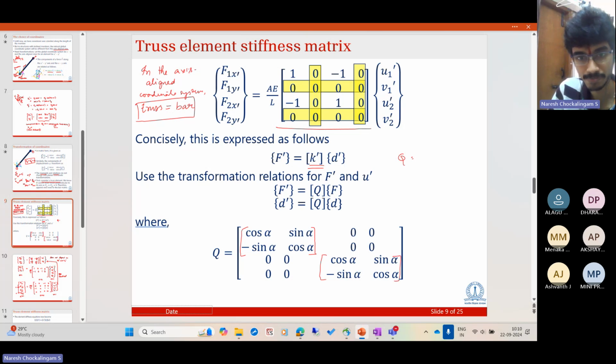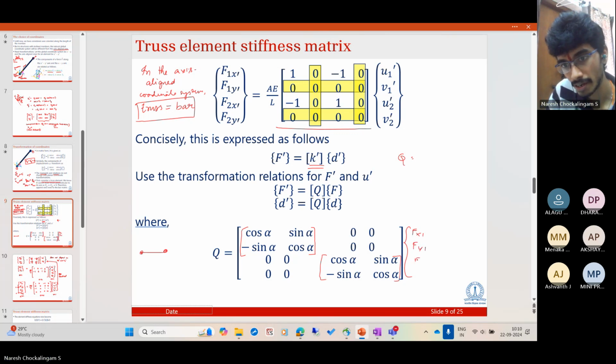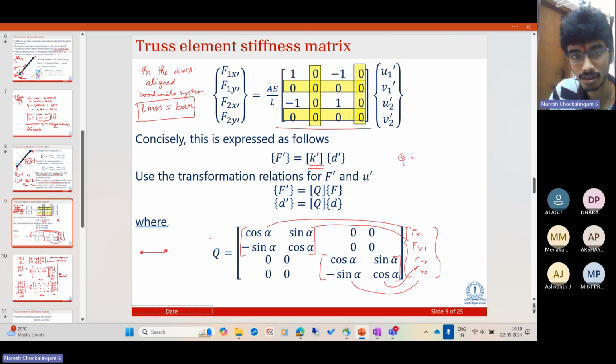What is the reason? The reason is there are two nodes, right? If it is multiplying by fx1, fy1, fx2, fy2, you see these two columns will multiply with whatever is there for the first node, and these two columns will multiply with whatever is there for the second node.